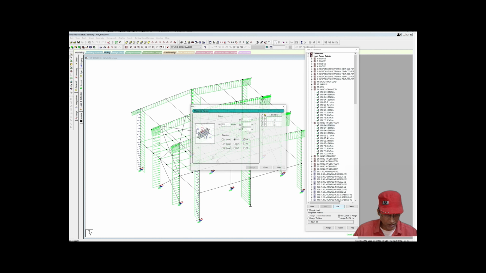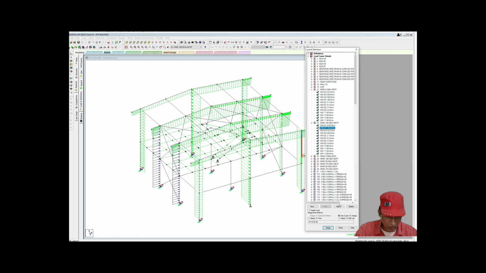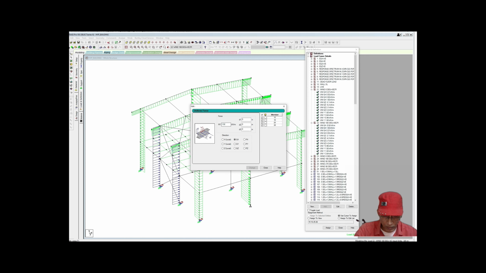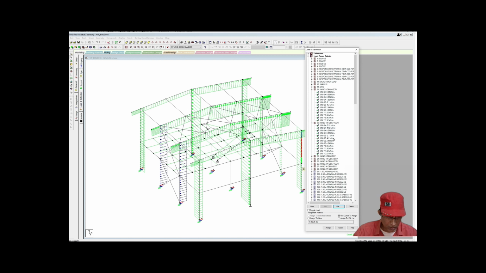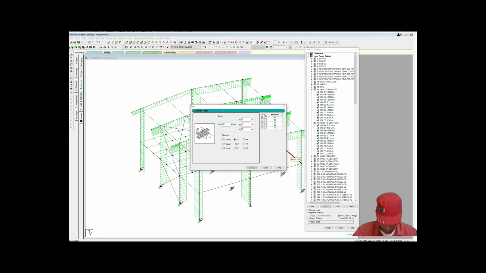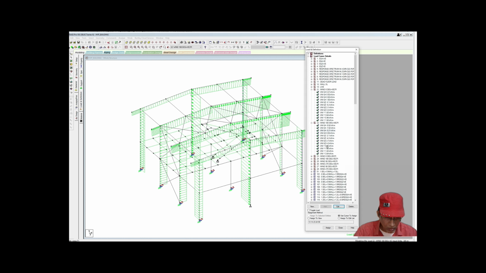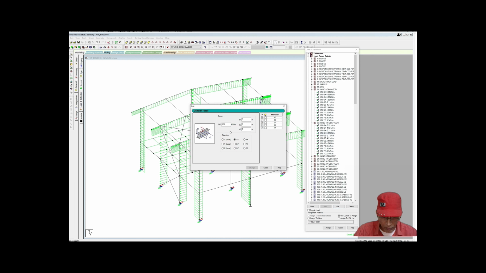So let us edit it. 1.92, change, minus 1.92, change, edit, minus 0.21, change, close, minus 0.52, change.